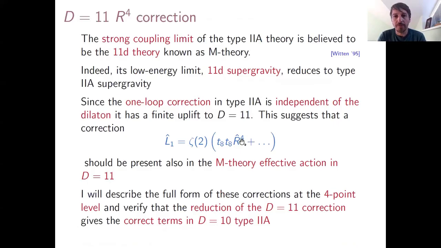And there should be some R to the 4, well, R hat now, because this is the 11-dimensional Riemann tensor. So a correction like that, you would expect to be present in the M theory effective action. You can also argue for this from anomalies and supersymmetry, but it's slightly more involved. So you would expect something like that in an M theory effective action.